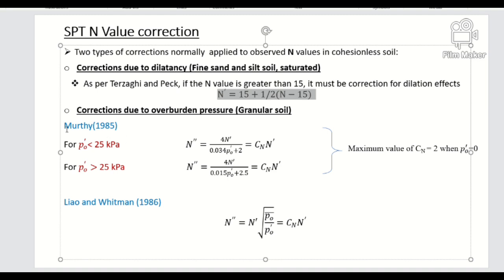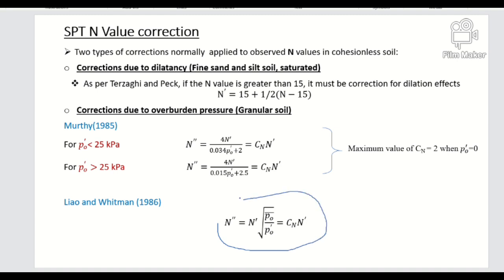Here Murthy used some empirical formula for overburden correction, and if you get greater than 25 kilopascal, you can use this empirical formula. And Liao and Whitman also follow this formula for overburden correction.